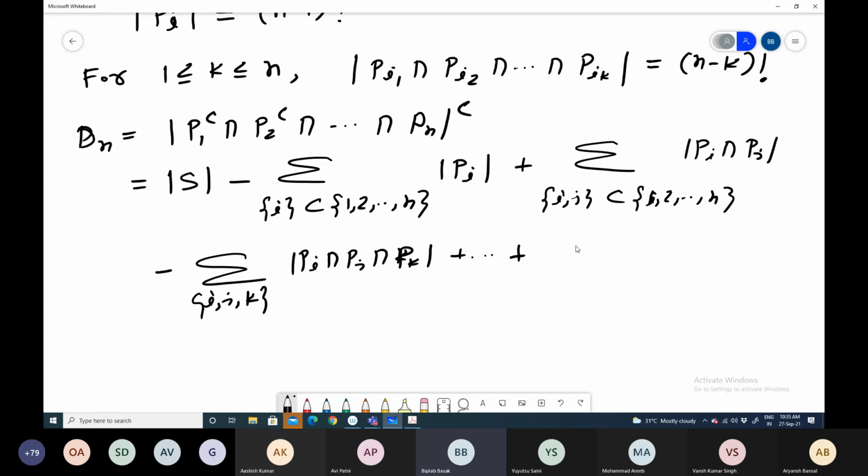The last term will be minus 1 power n, P1 intersection P2 ... intersection Pn.